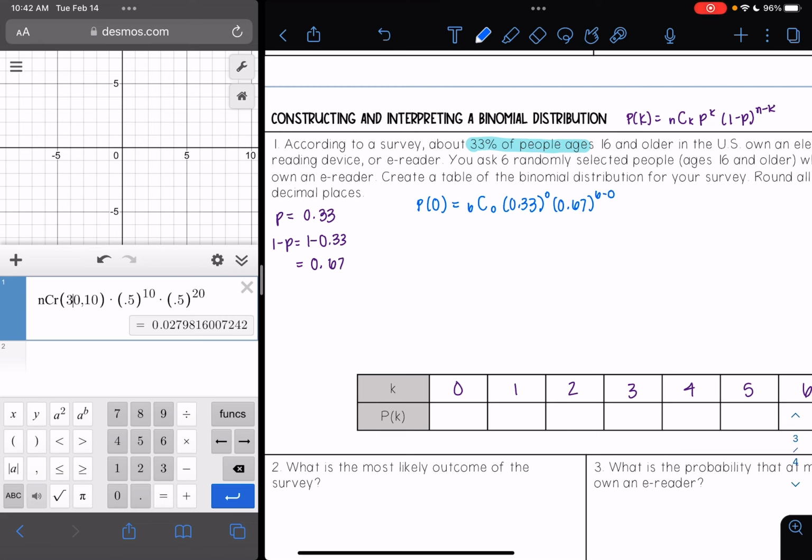And so I want to type that in here. So here I have 6, 0.33, 0, and then 0.67, 6 minus 0, which is just 6. And so rounding that to 3 decimal places, this is approximately 0.090.